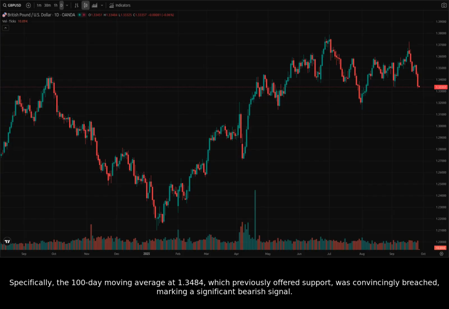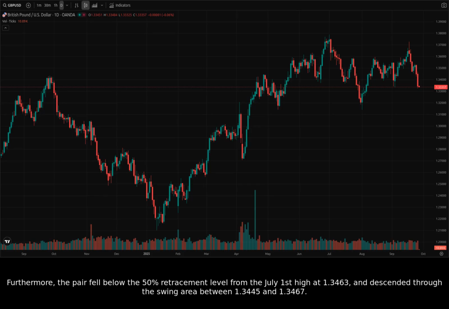Specifically, the 100-day moving average at 1.3484, which previously offered support, was convincingly breached, marking a significant bearish signal. Furthermore, the pair fell below the 50% retracement level from the July 1st high at 1.3463 and descended through the swing area between 1.3445 and 1.3467.